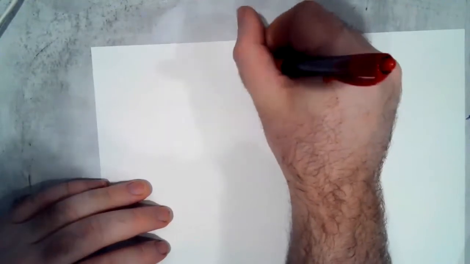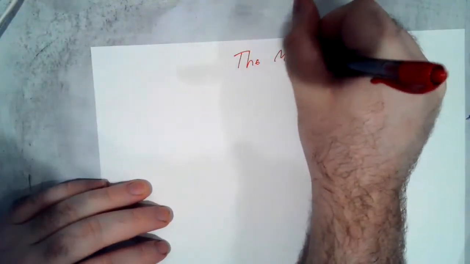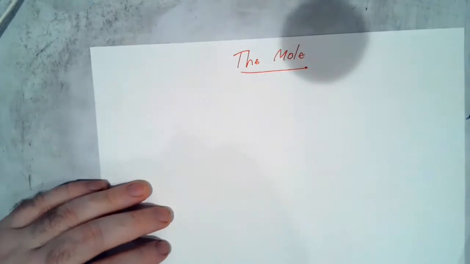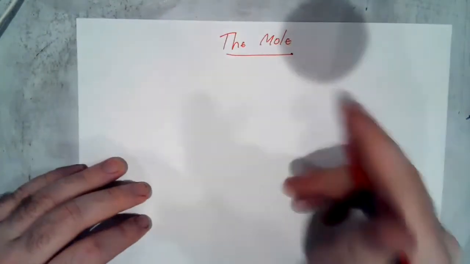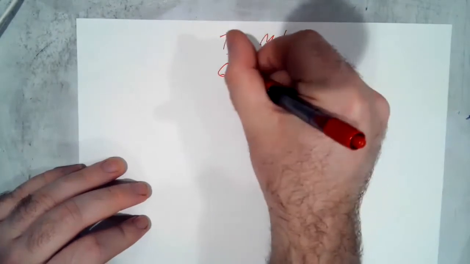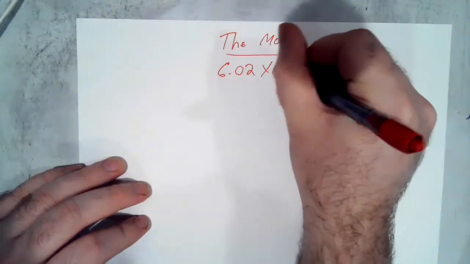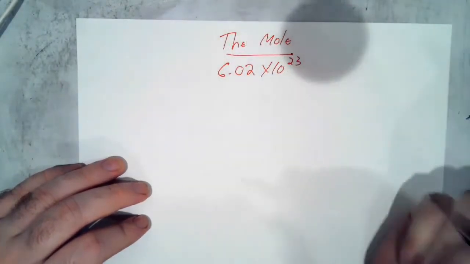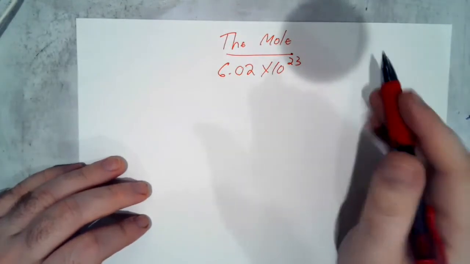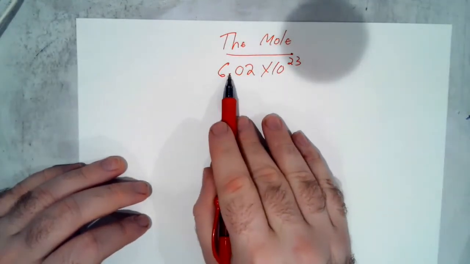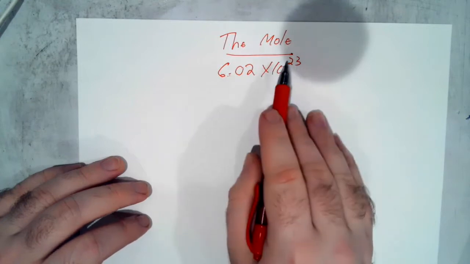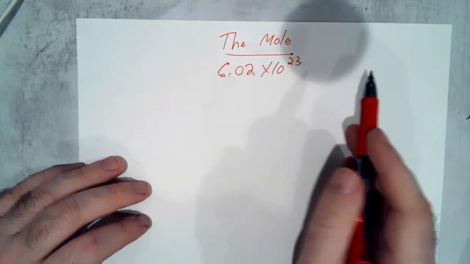But right now, I'm going to talk about your old favorite pal, the mole. Now you have to know how much a mole contains, right? 6.02 times 10 to the 23rd. There's that scientific notation again, right? That means I have to move this decimal over to the right 23 times. Now this is a lot.